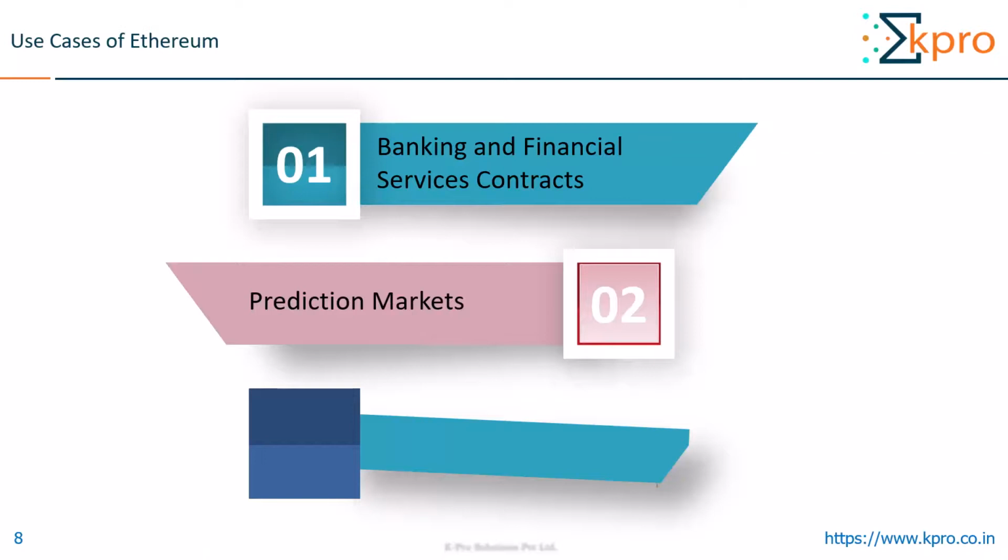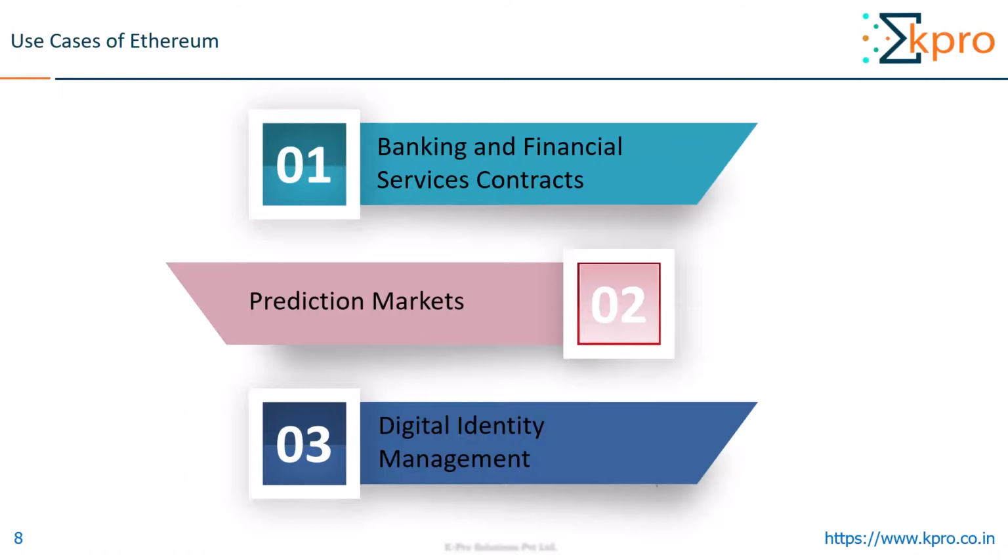Thus, they can be incentivized to participate in the prediction market. The next one is digital identity management. Identity theft and data monopoly can be prevented by managing digital identities through smart contracts. So these are a few use cases of Ethereum blockchain.